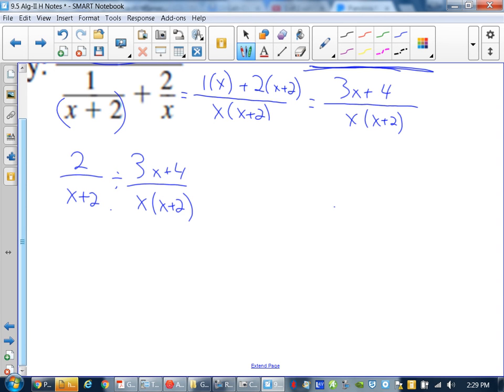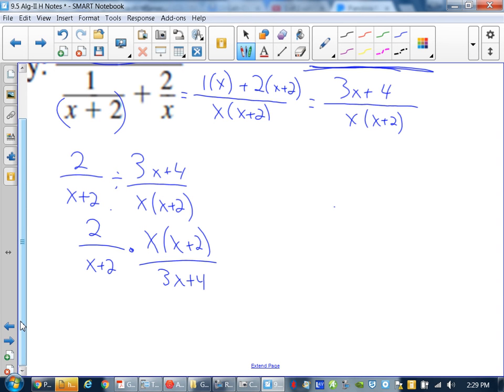Now you wind up with 2 over x plus 2 times x times x plus 2 over 3x plus 4. Is there anything that simplifies? The x plus 2's. I can simplify those x plus 2's because they are written as terms. Everything now is written as its own term.